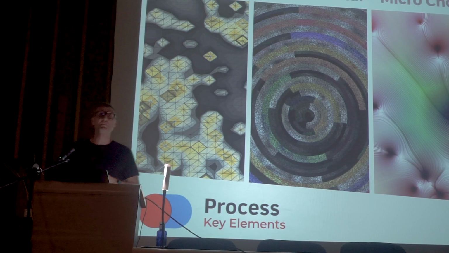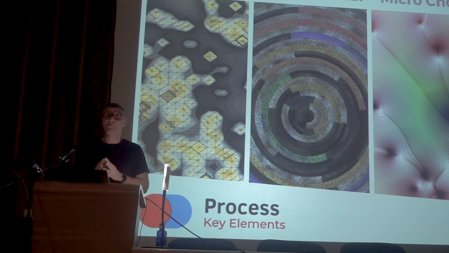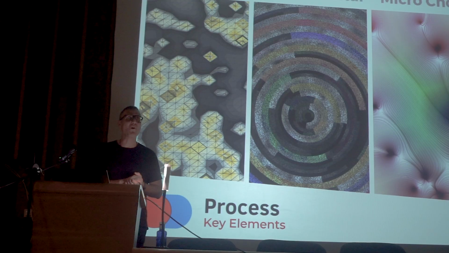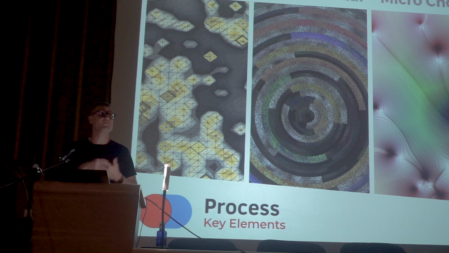So in this talk, I'm going to speak about the key elements in my work. Revisiting my work in these last 15, 20 years, I found out that my key elements are these four. I use simulation for creating my artworks.